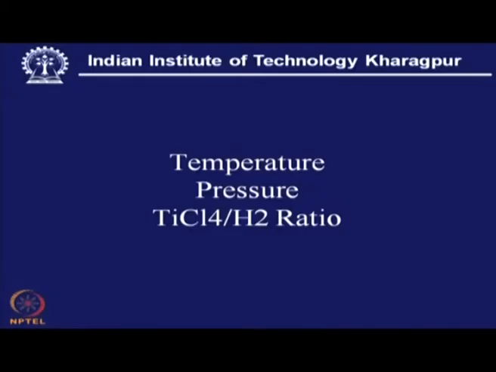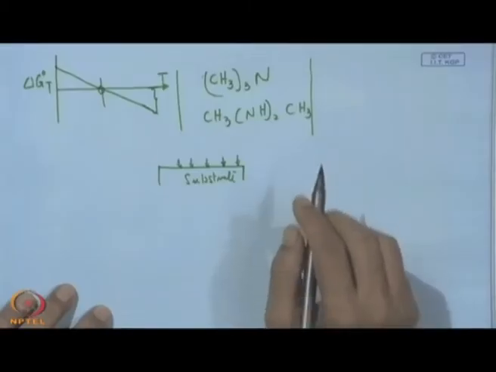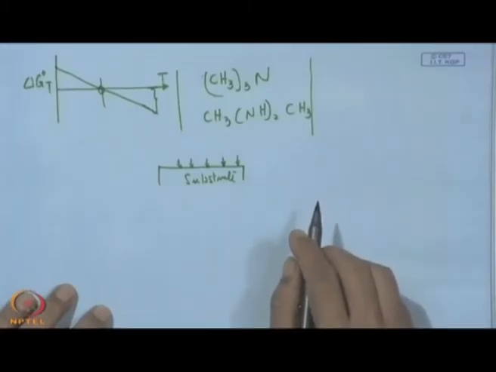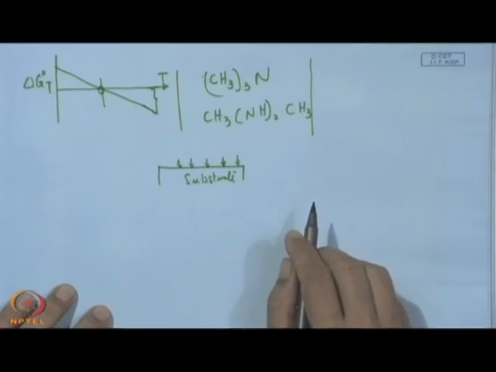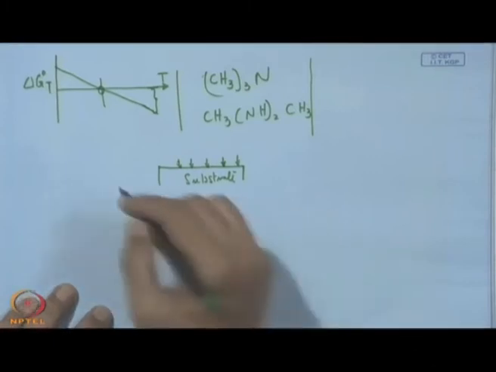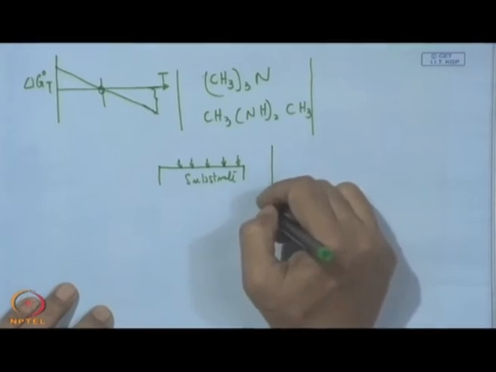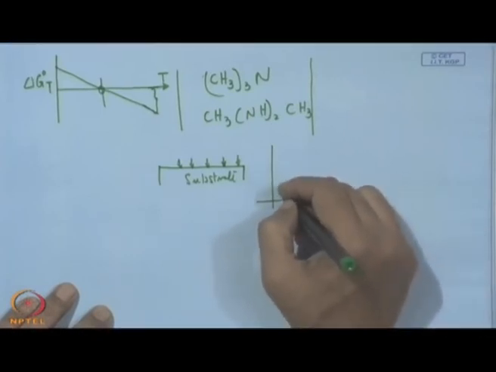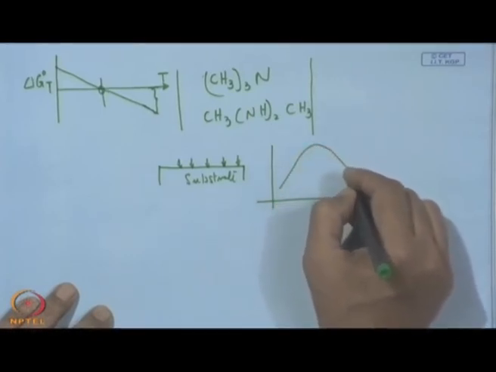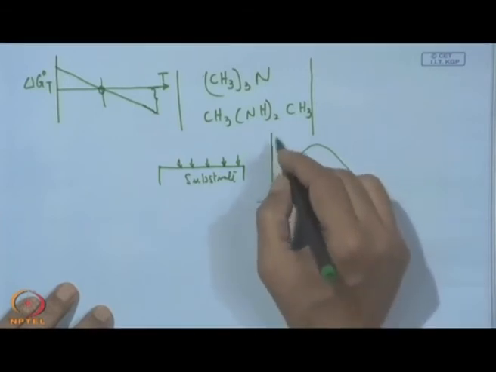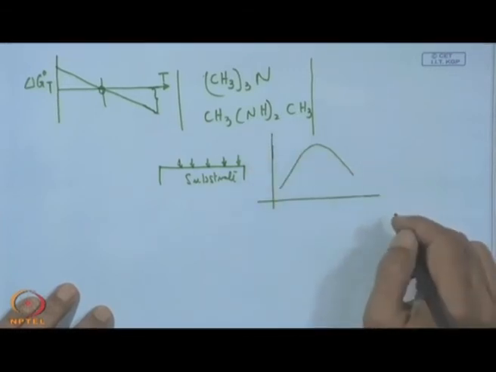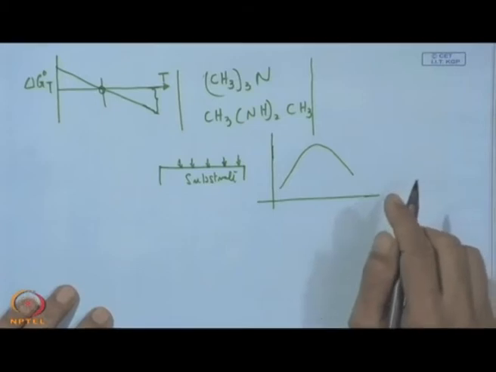Then comes the pressure. Now, definitely pressure has a role. With increase of pressure, it has been found that the growth rate increases with pressure. Now, this can be something like this. It is a typical nature of any synthesis process.